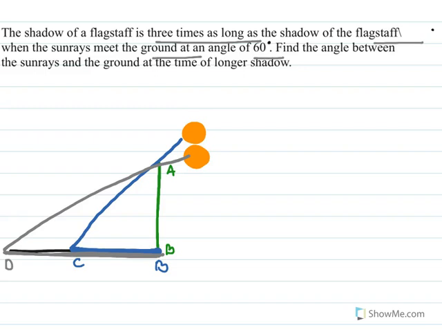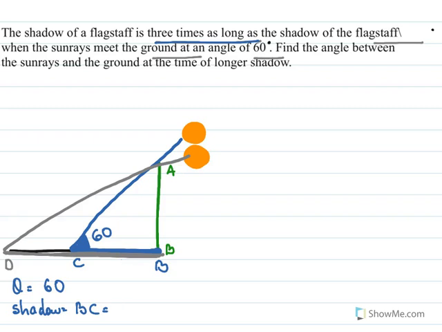And they said one of the angles is 60. So this angle here is 60. Now let's just read the sum again. The shadow of a flagstaff is 3 times as long as the shadow when the sun's rays meet at 60. So when the angle of elevation is 60, the shadow is BC, which is x. So this is x.